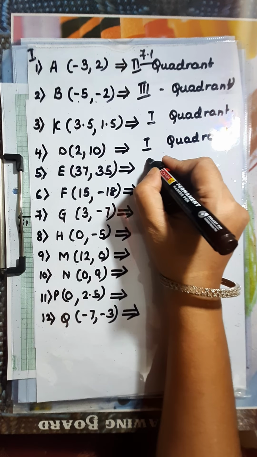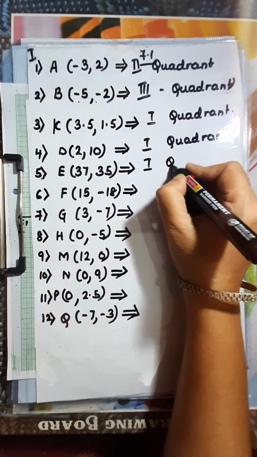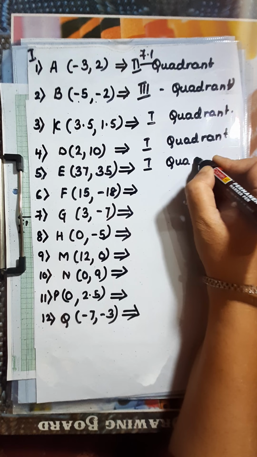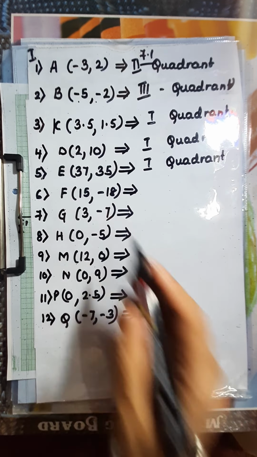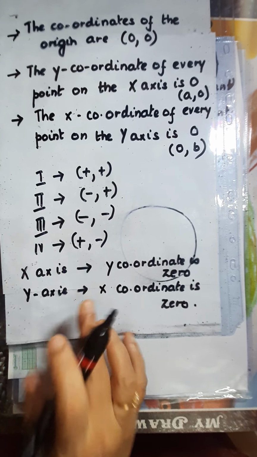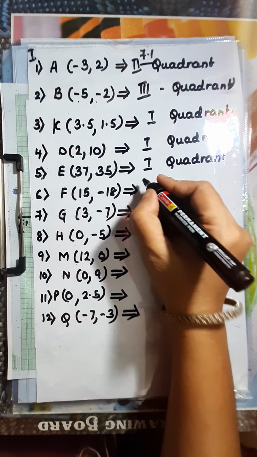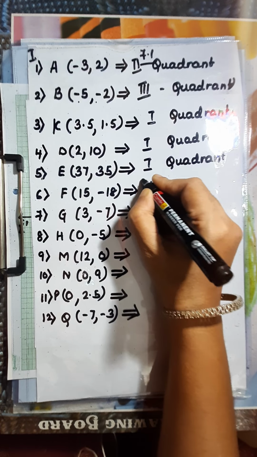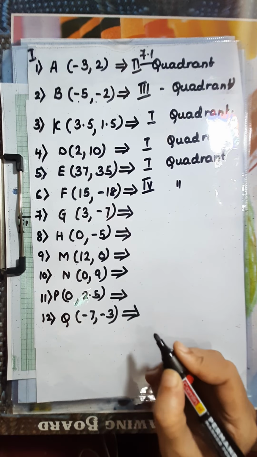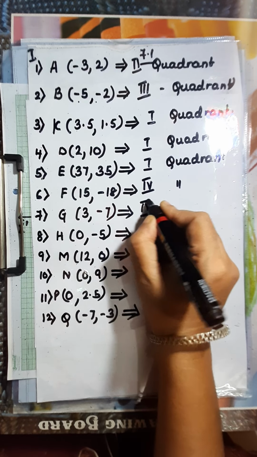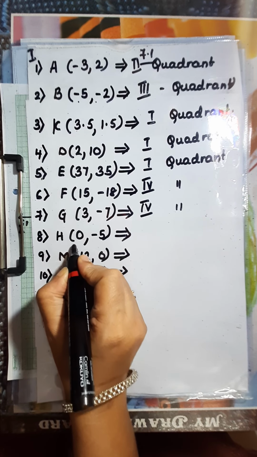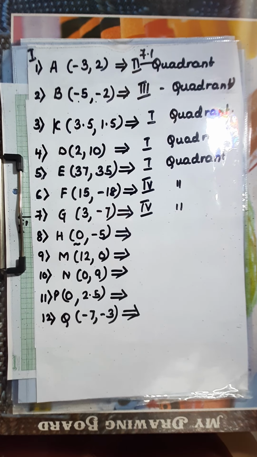Plus and plus again, first quadrant. Now plus and minus, where is plus and minus? Let us check. This is my fourth quadrant. Again plus and minus, which quadrant? Fourth quadrant.